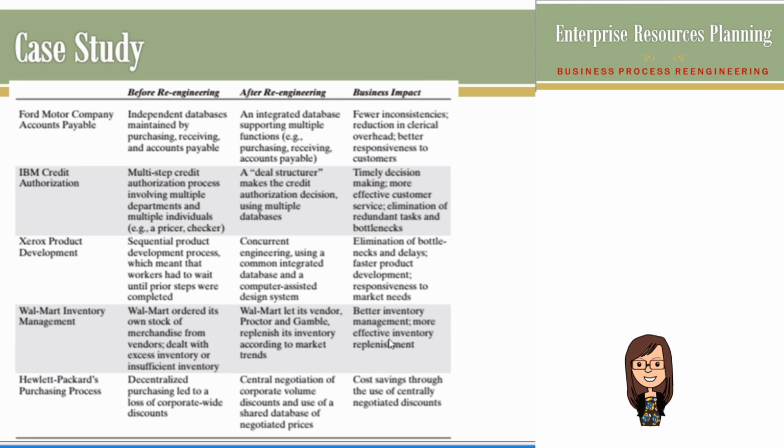By having an ERP system, Walmart can connect to suppliers more easily. One example of a Walmart supplier is P&G, Procter and Gamble, and P&G also uses an ERP system. Because both of them use the ERP system, it's easier for them to be connected and to have good communication and collaboration.